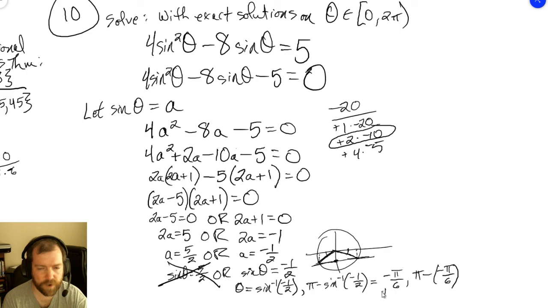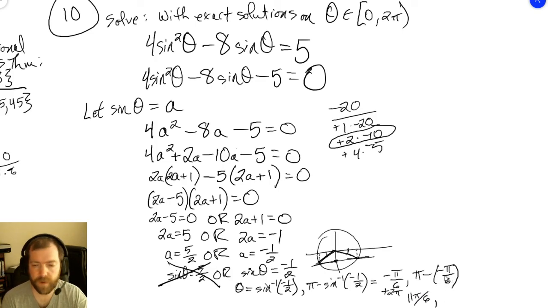Negative pi over 6, we're going to add 2 pi, which is 12 pi over 6, minus 1 pi over 6 is going to be 11 pi over 6.